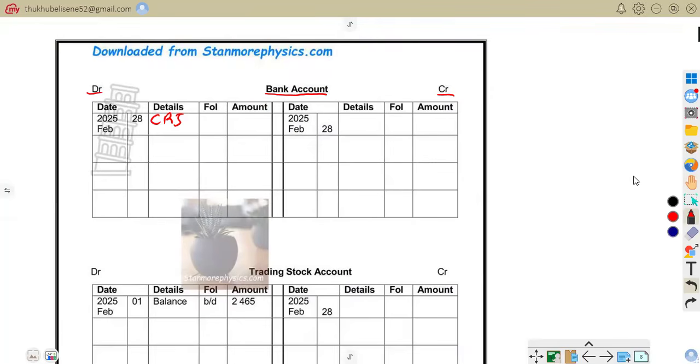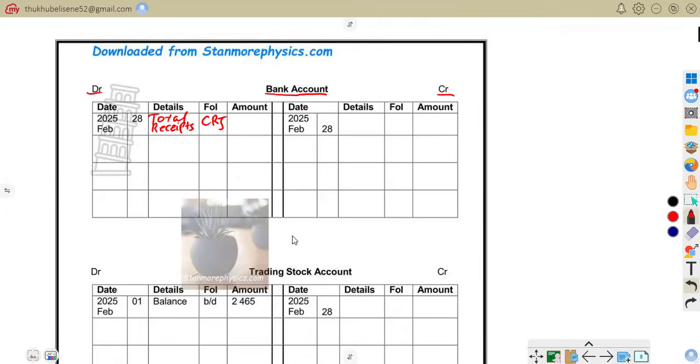Under details, we are going to have total receipts, so total receipts for CRJ.